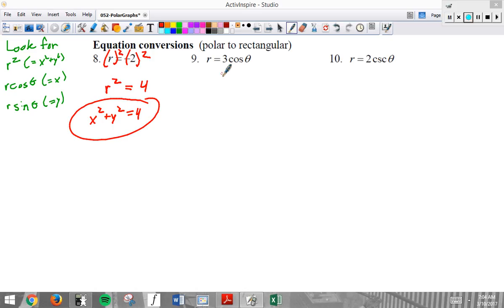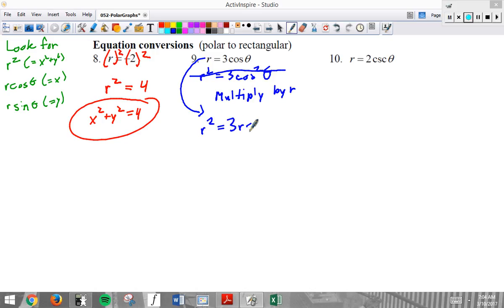Squaring both sides here won't work. So you can replace the r, but you won't be able to replace the theta. That's not good. Instead, here I'm going to multiply both sides by r. Multiply across by r. So I get r squared equals 3r cosine theta.